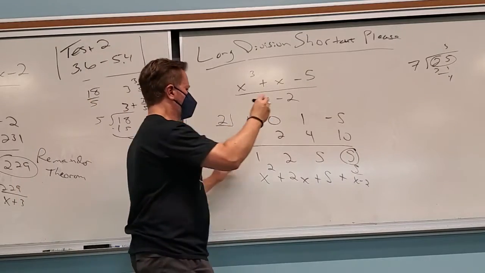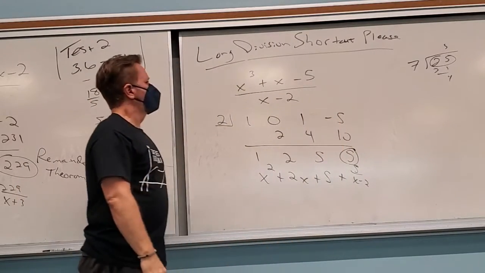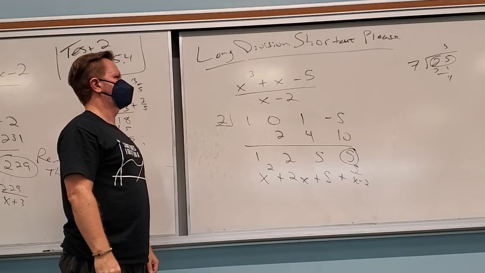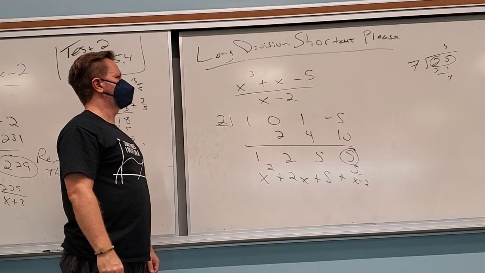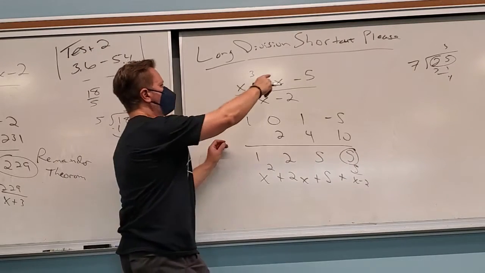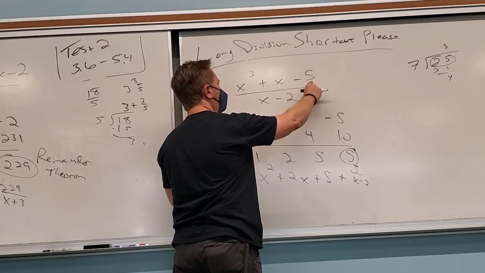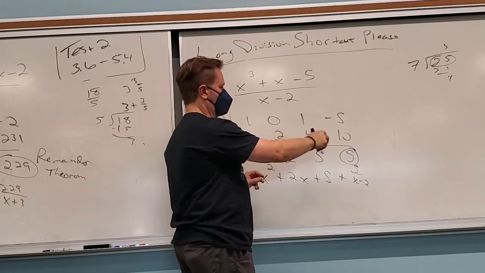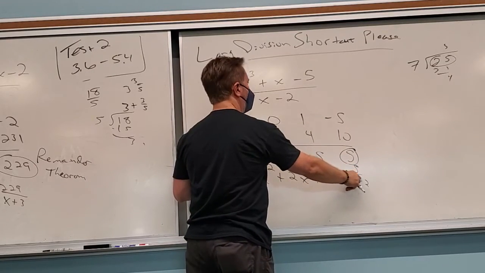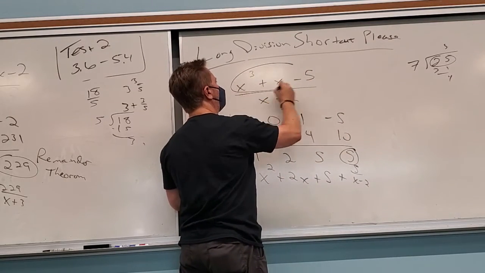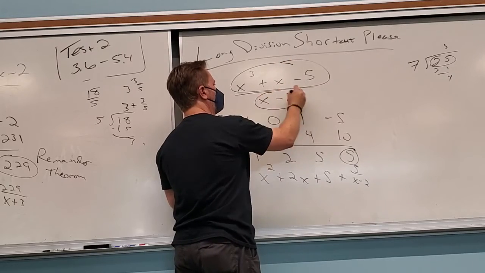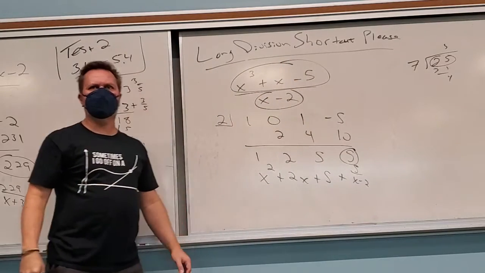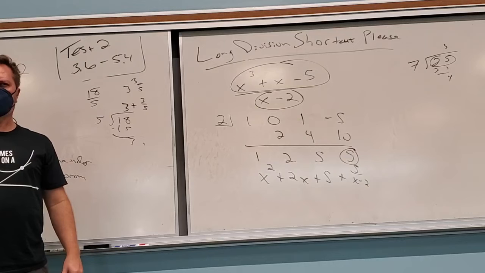So if I would have put a minus 10 here, do you see how the remainder would have been 0? So that's another way to interpret the remainder: how far off this was from this going into it evenly. That's what the remainder really means.